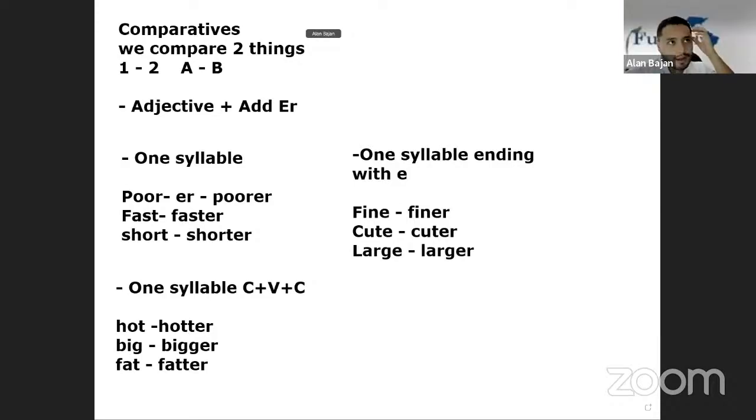In this case, we have adjectives with one syllable. I just want you to see the difference. That is not father, my father, mi padre, mi papá. No, it's fatter, fatter. The sound is t.